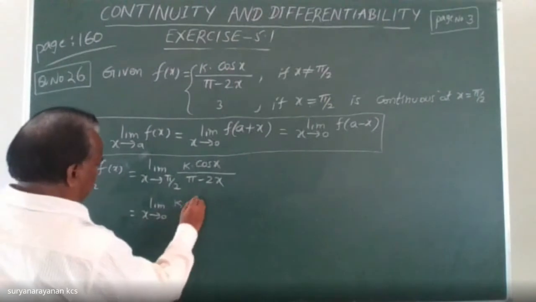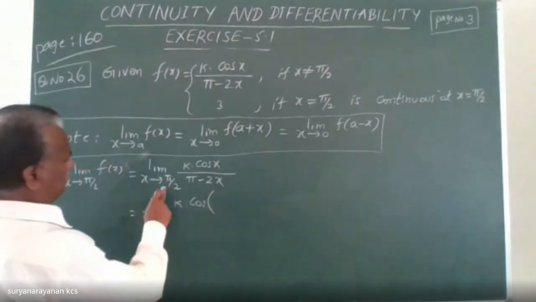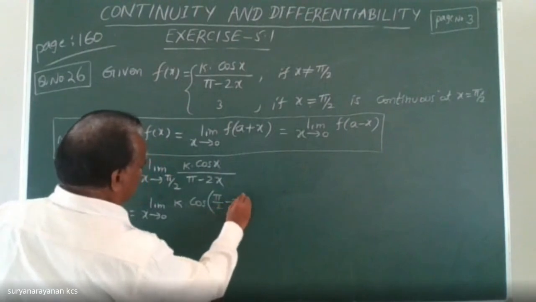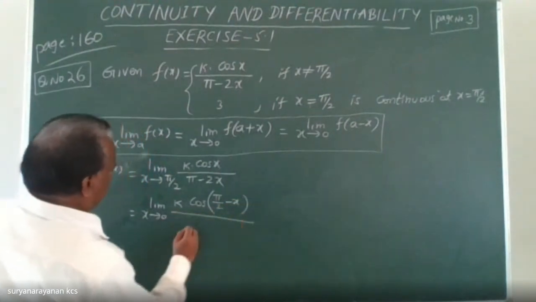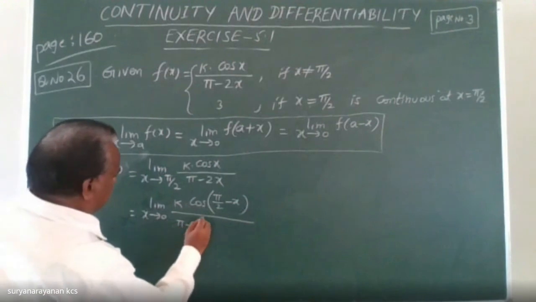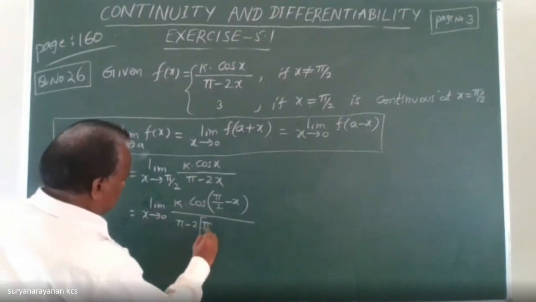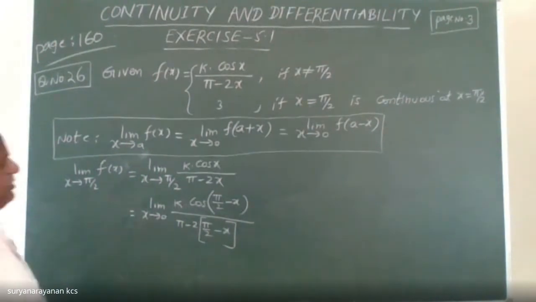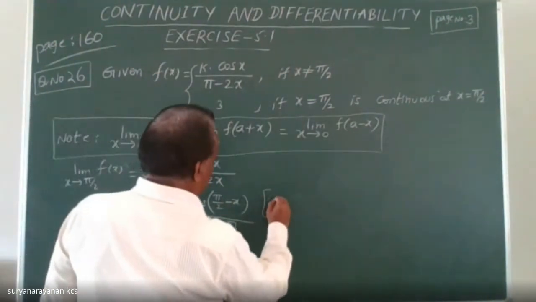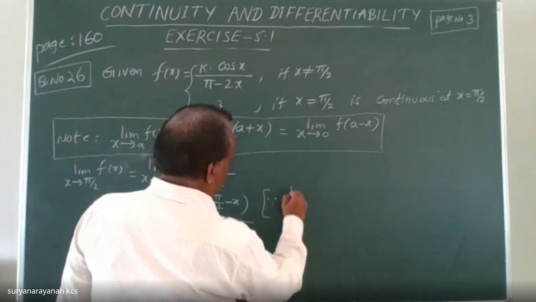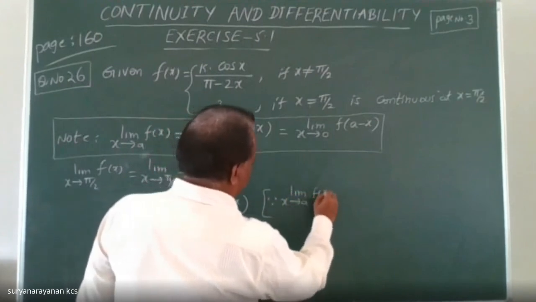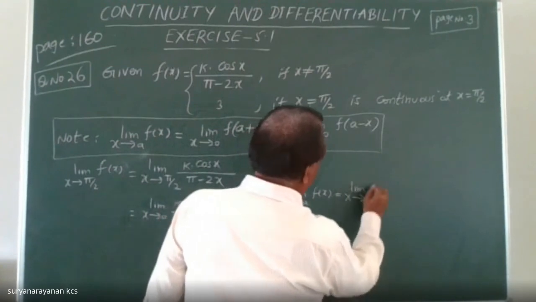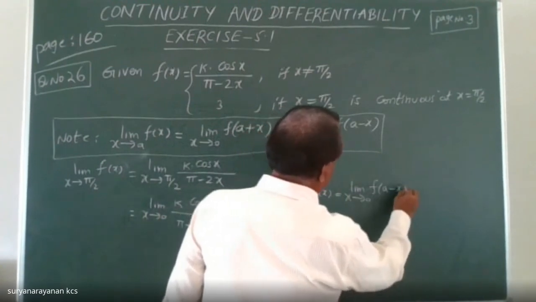Limit k into cos of pi by 2 minus x, by pi minus 2 into, in the place of x we are writing pi by 2 minus x, because as x tends to a, limit f of x is equal to, as x tends to 0, limit f of a minus x.